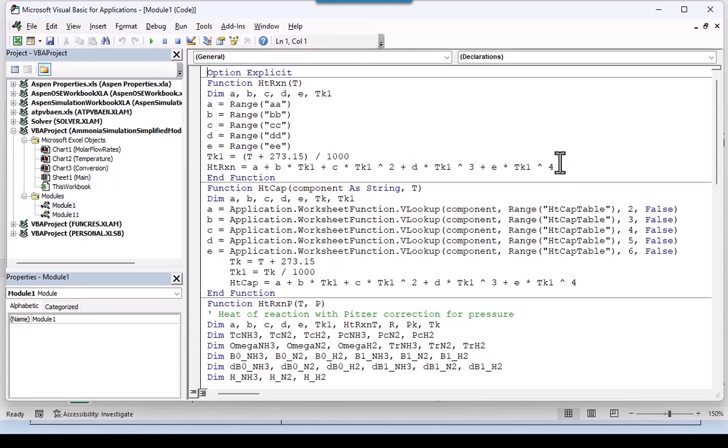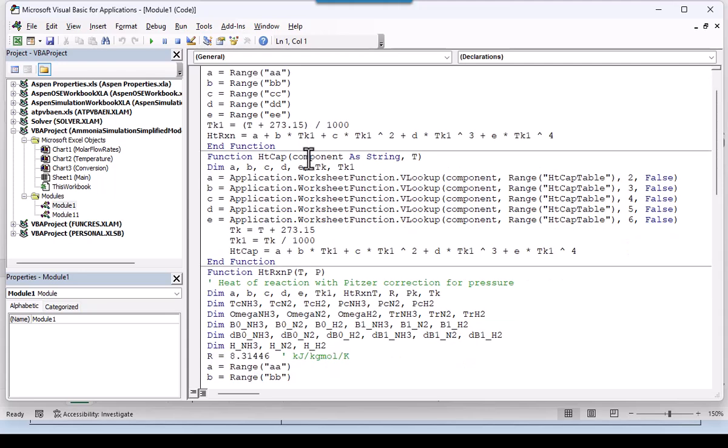And that's the formula that we showed, heat of reaction just based on temperature, not considering the contributions of pressure.